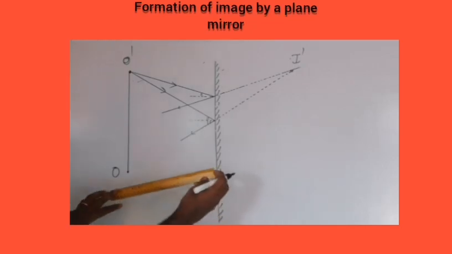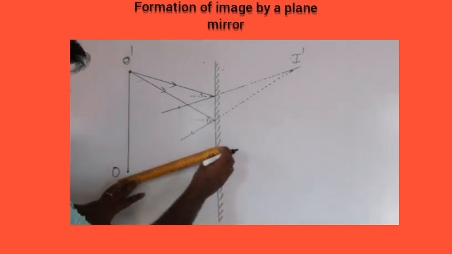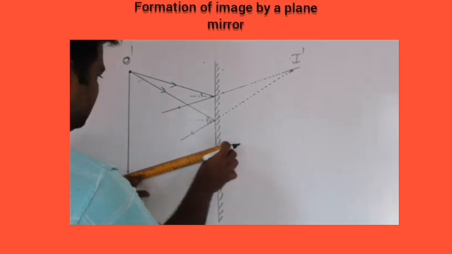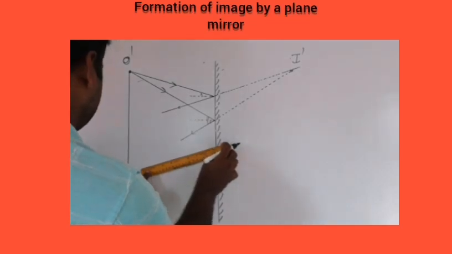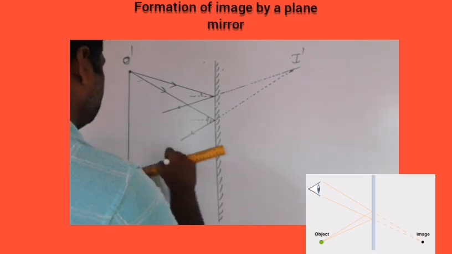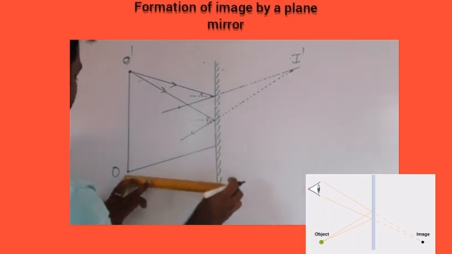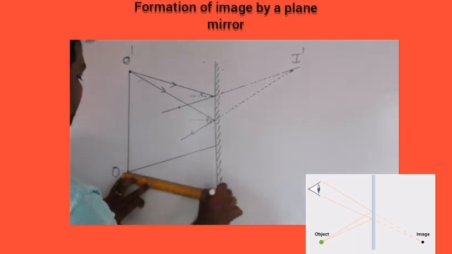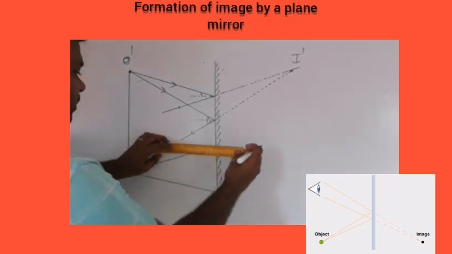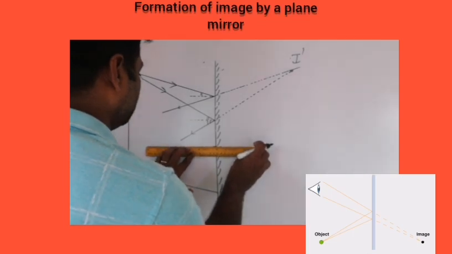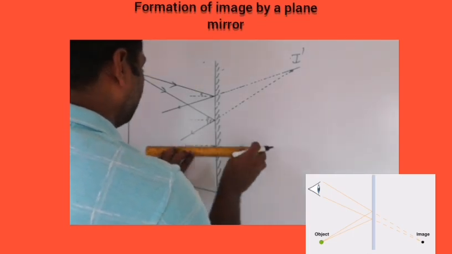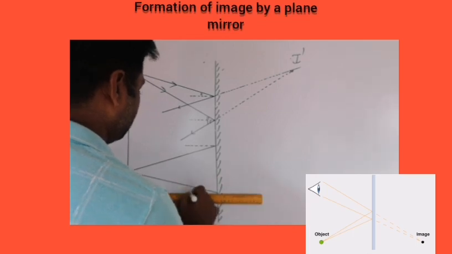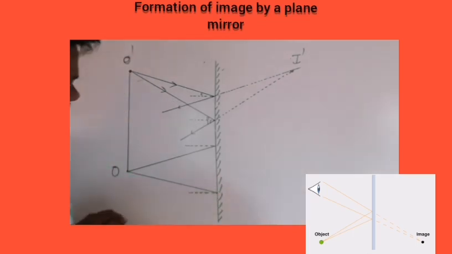If I choose the rays which are incident here like this, one more incident ray, and here another incident ray. So after drawing the normal at the point of incidence, observe here and listen carefully to my words.